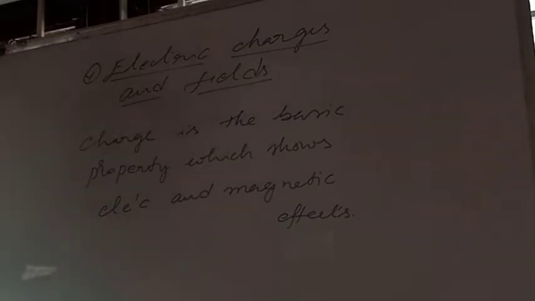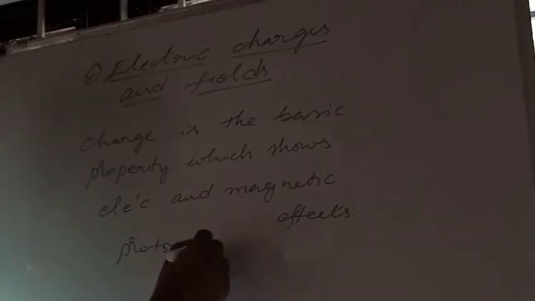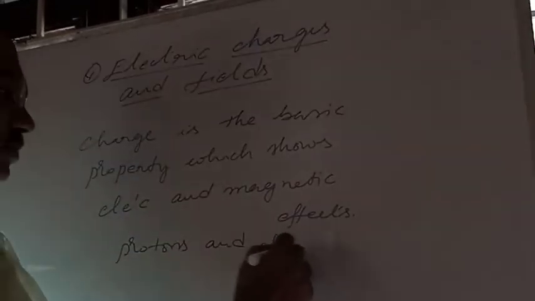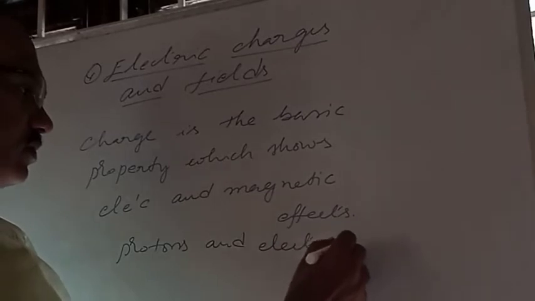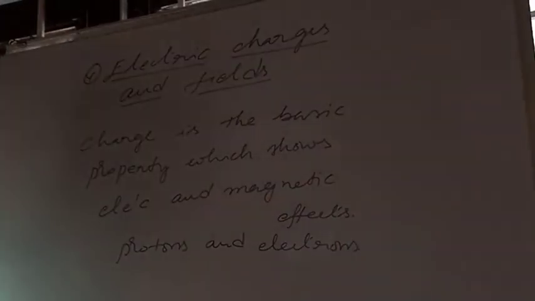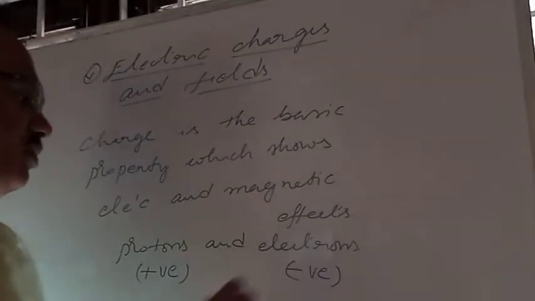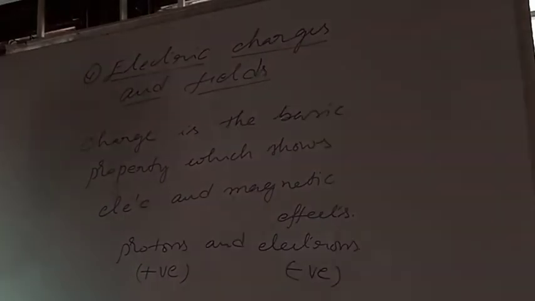We know that charge is possessed by charged particles like protons and electrons. These are the fundamental particles of an atom. Protons are the positively charged particles and electrons are the negatively charged particles.